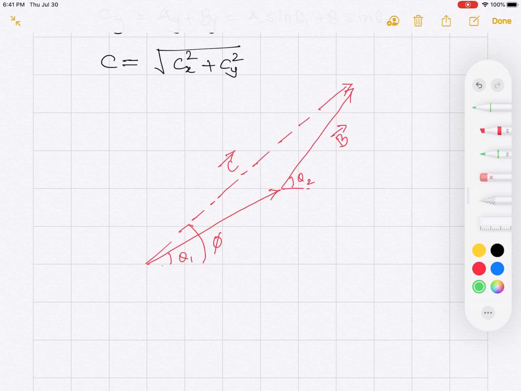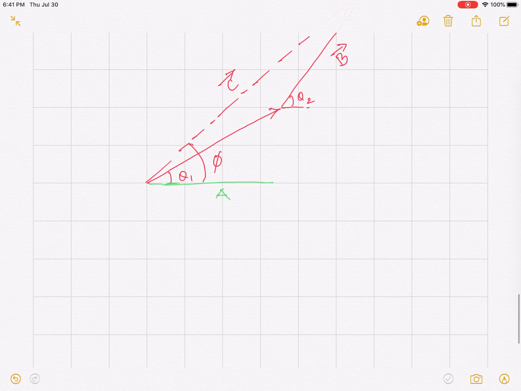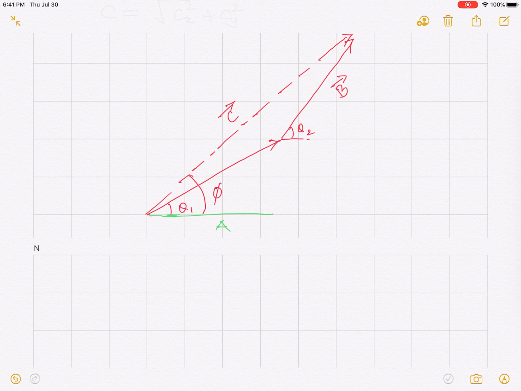This one is the x component of A, this one is the x component of B, this one is the y component of A, and this one is the y component of B. Now you can see this right angle triangle RST.